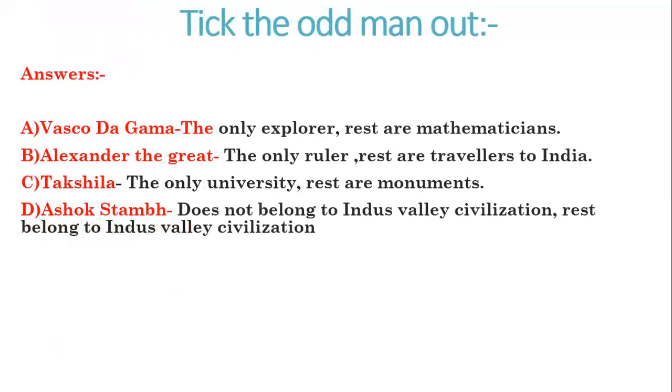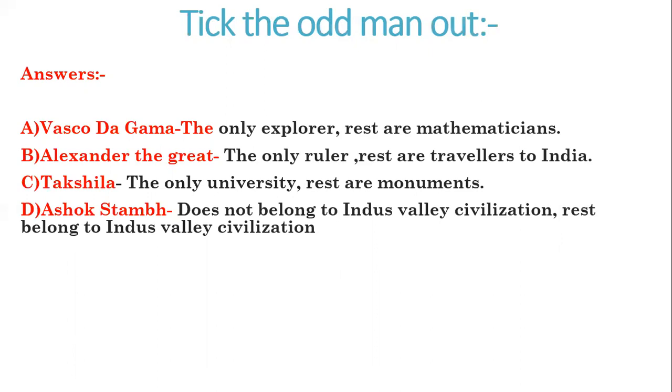And moving on to the last part, I've not put down the pictures here. I've just made a note of the answers. So, Vasco da Gama is the first answer. If you're referring to your textbooks, you will find this on page number 15. So the odd man out is Vasco da Gama because Newton, Dewey, and Copernicus, all three of them are mathematicians, and Vasco da Gama is an explorer.